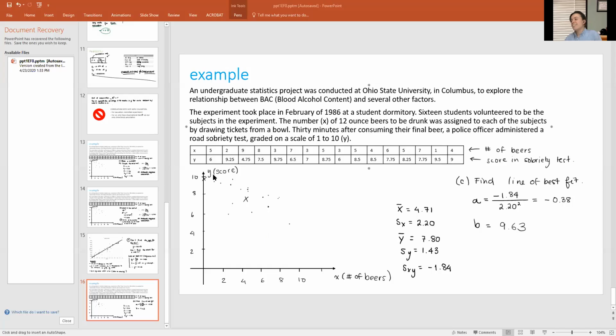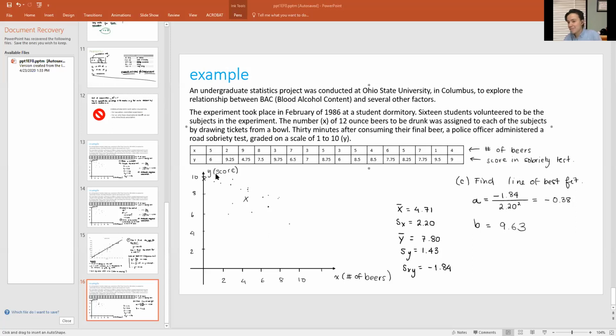So that's 4.71 and 7.8 is going to be around here. And so that means that the line that I'm looking for. I think you stopped screen sharing. I stopped screen sharing? Okay. Thank you. There you go. All right, so is that where we were?